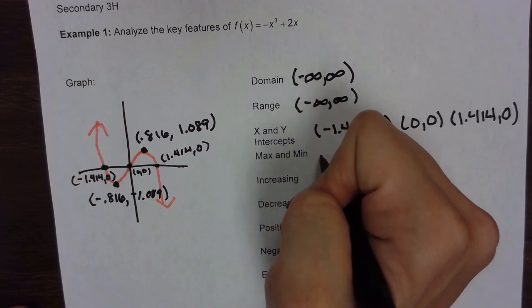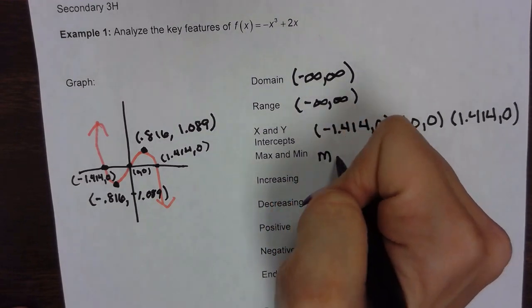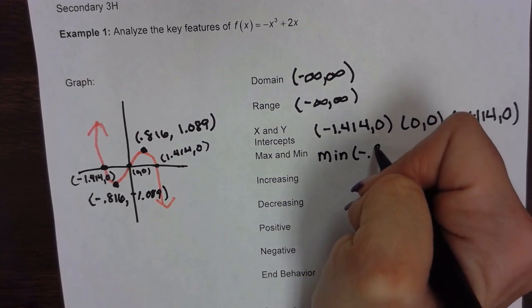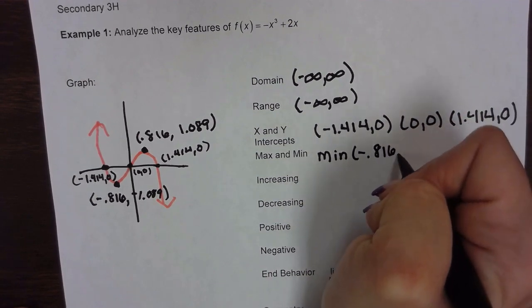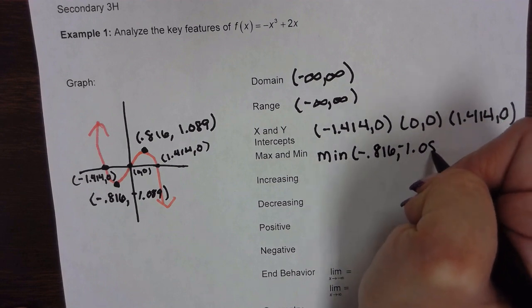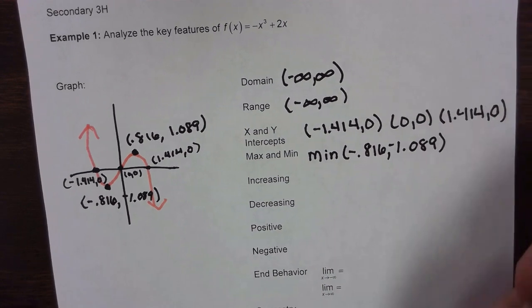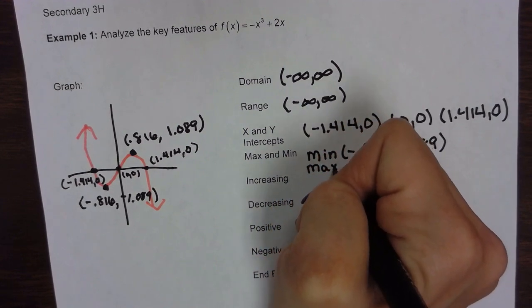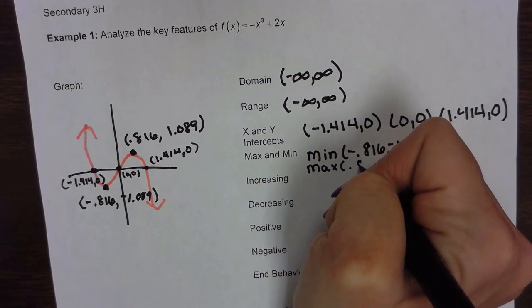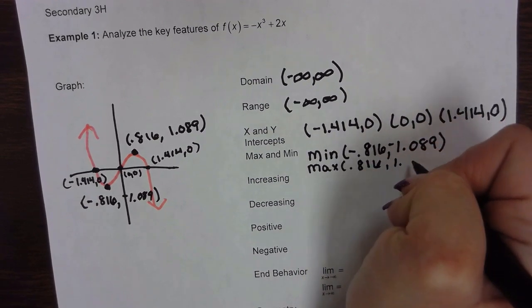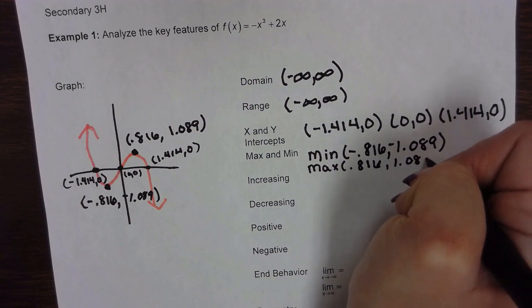When you do your max and min, make sure you label it. So we have a min at negative 0.816, comma, negative 1.089. And we have a max at positive 0.816, 1.089.